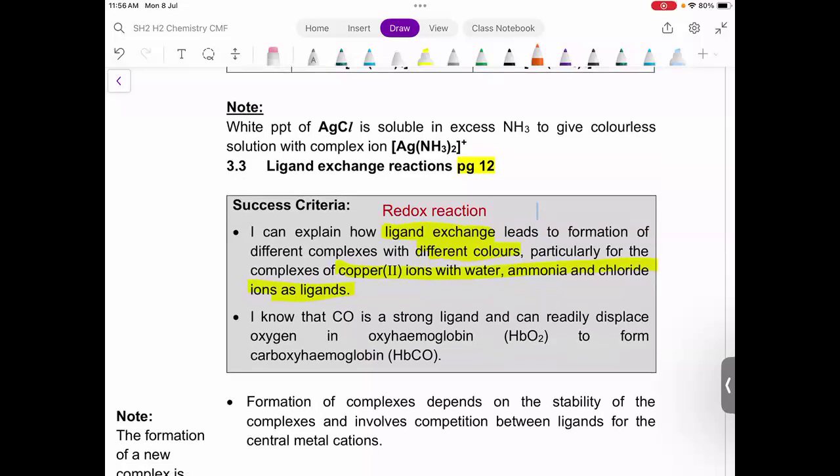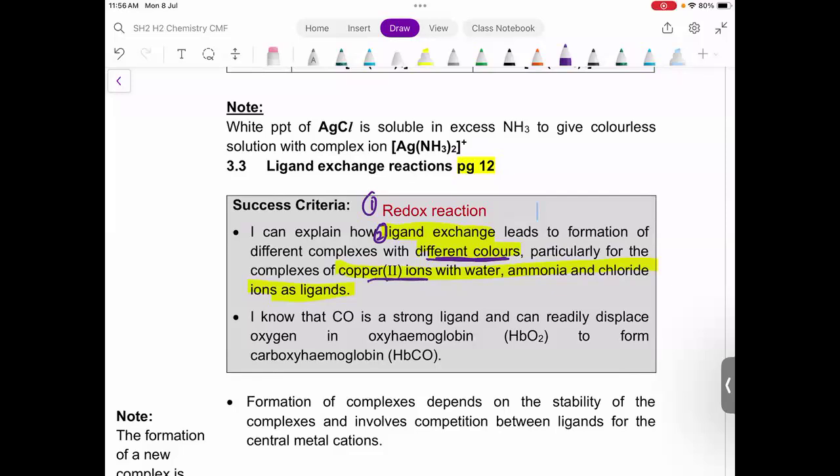There are 2 types of reaction that TM can undergo, which will result in color change. If the question says there's a color change upon addition of A, then you must be able to distinguish whether it's a redox reaction or a ligand exchange, especially for copper-2.